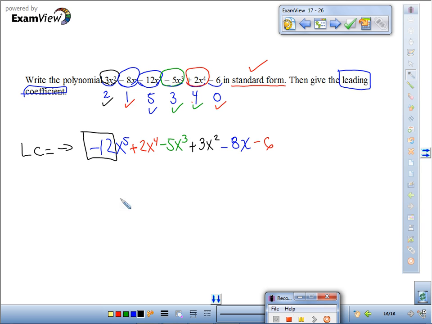Okay, guys, check this out. This is a common mistake that I see. By looking at this term, everybody look up to this first one. We have negative 12x to the 5th. The 12 is the coefficient.